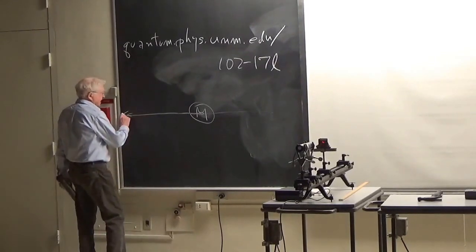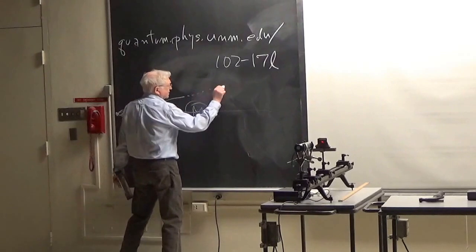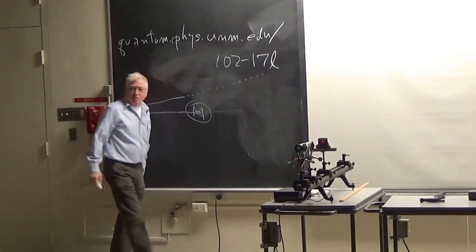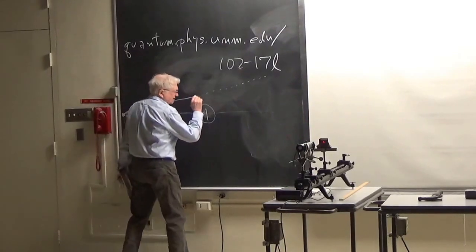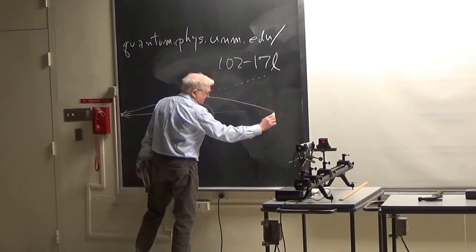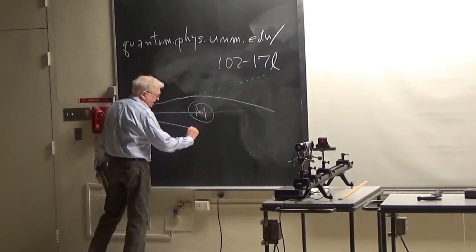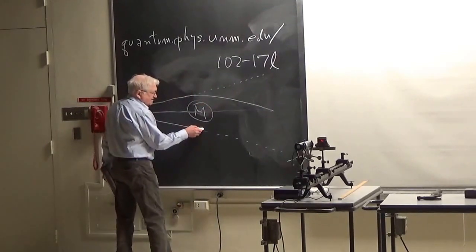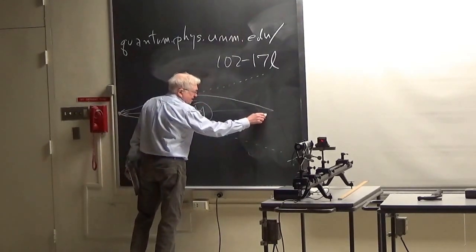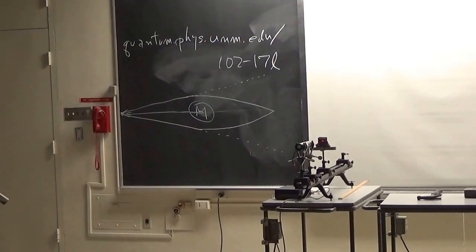On the other hand, the light that comes up this way ordinarily would continue to go that way if the mass weren't there. But the mass attracts that light and makes it go back down like this. And similarly, the light that was going down this way, which ordinarily would keep going in a straight line, gets bent by the mass and comes across like that.